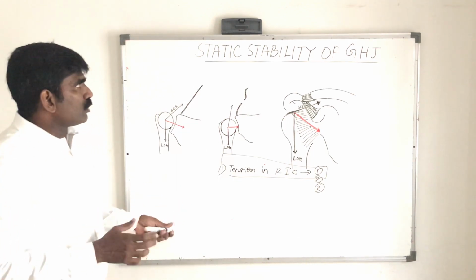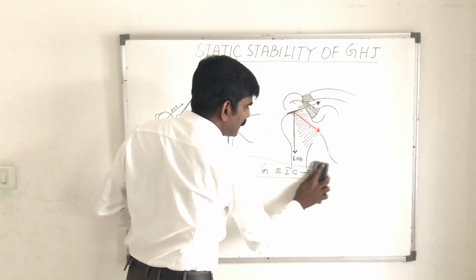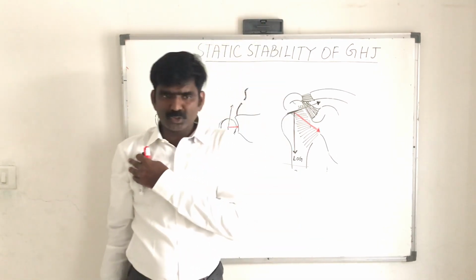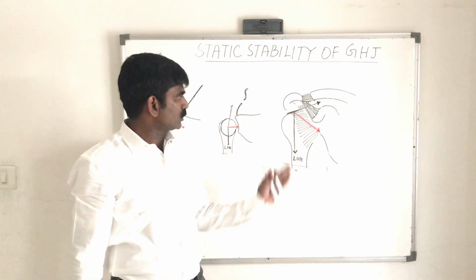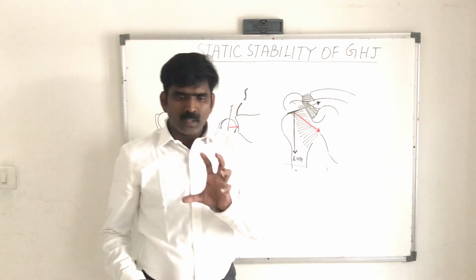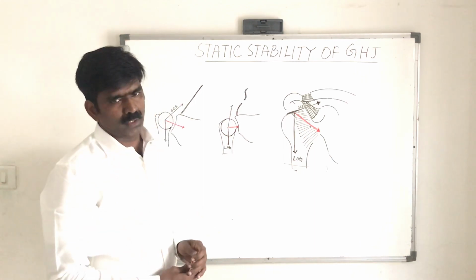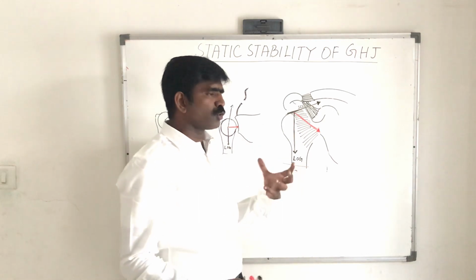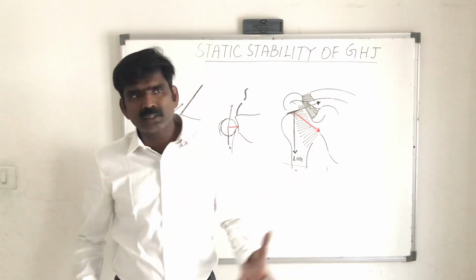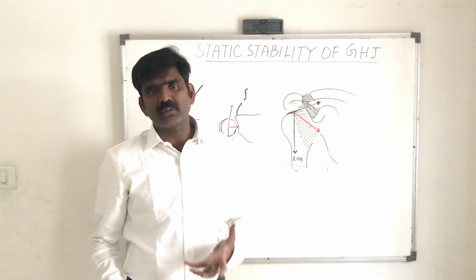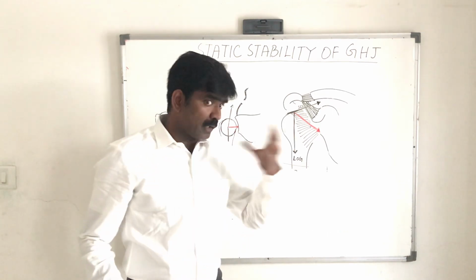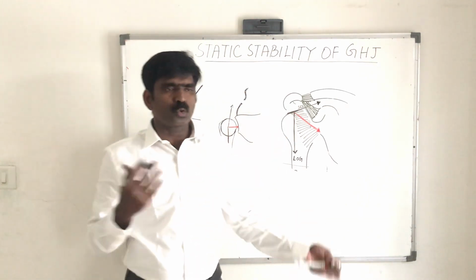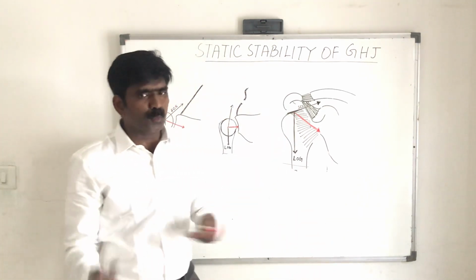Clear? So normally when the shoulder is in dependent position, you know the glenohumeral joint is an incongruent joint. What is incongruent joint? An incongruent joint provides lesser stability and greater mobility. The shoulder glenohumeral joint and hip joint are opposite.